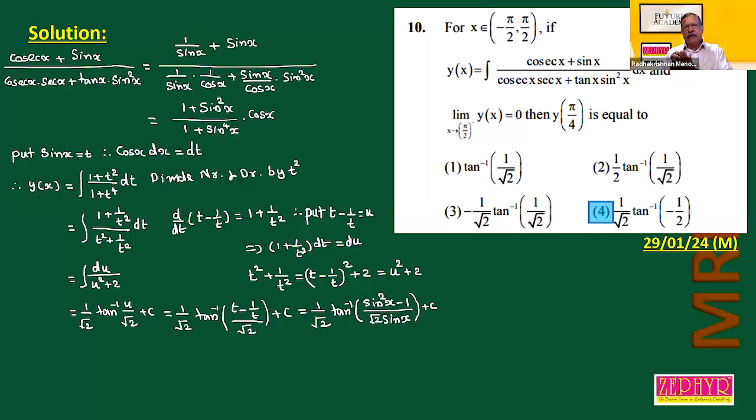Put x equal to pi by 2. y of x is equal to 0 when x tends to pi by 2, so y of pi by 2 is equal to 0. Put x equal to pi by 2, then the function is equal to 0. So you will be able to find out c.